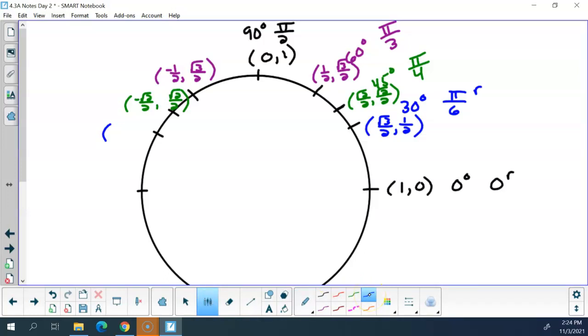This one would be negative square root 3 over 2, 1/2. 30-degree gap, right? So this one is 120, 2 pi over 3. This one is 135, or 3 pi over 4. 150, 5 pi over 6.